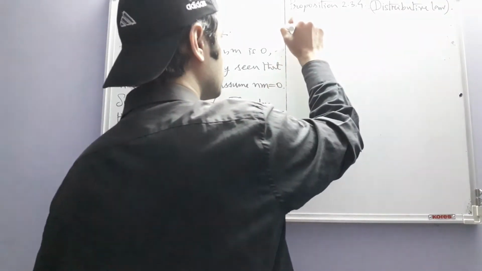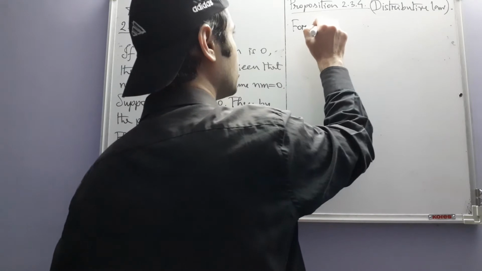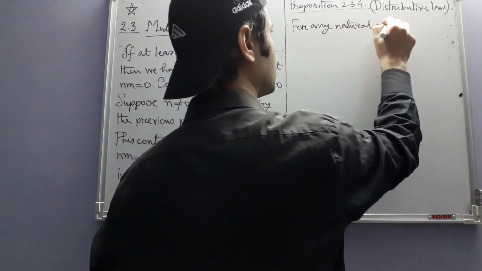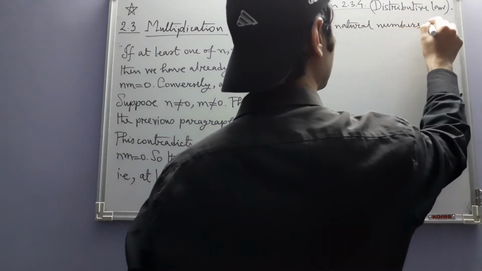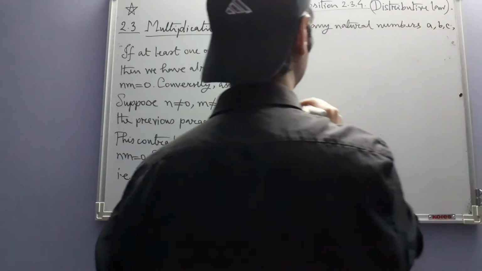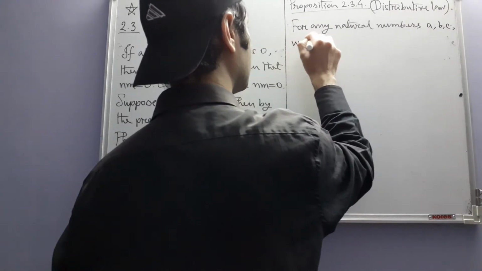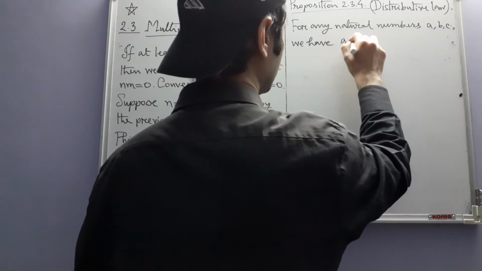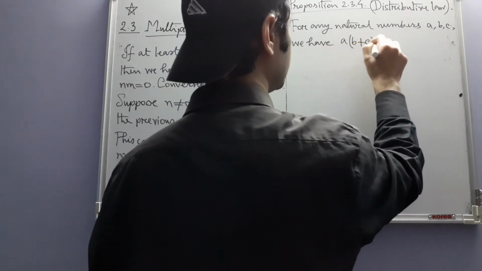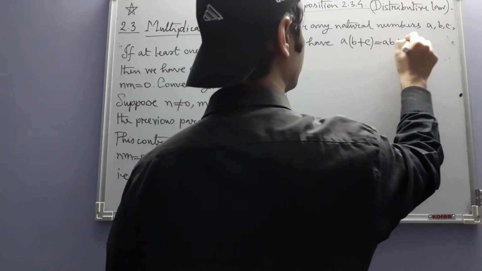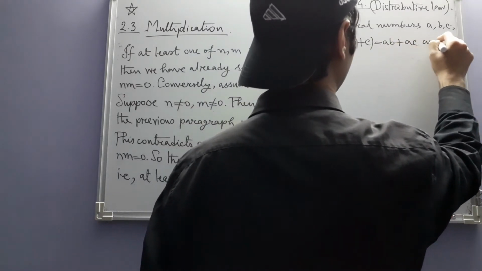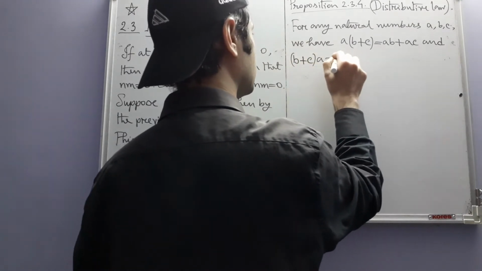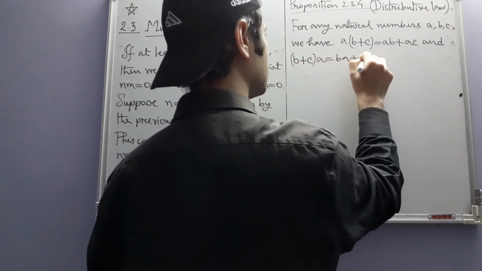So for any natural numbers A, B and C, we have these two things: A times (B plus C) is AB plus AC, and (B plus C) times A is BA plus CA.